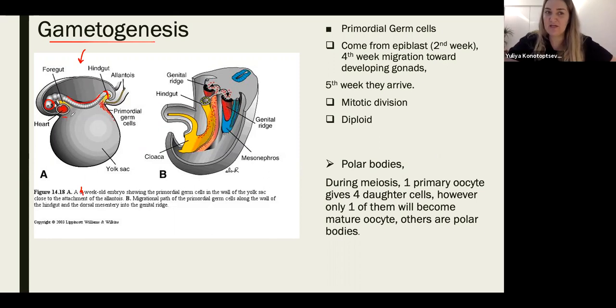And this region right here is the future anterior abdominal wall. On the anterior abdominal wall of the embryo, we have some kind of blister just sitting there. This blister is known as the yolk sac. You need to remember that it arises on day 14 of embryological development, but it disappears during the 3rd month.